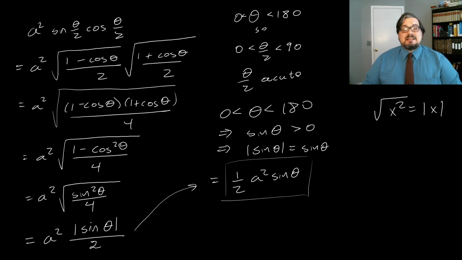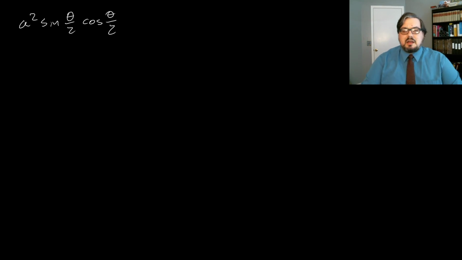However, there is a simpler way, as I mentioned, using the double angle formulas. The thing that tips you off that it might be useful is that you've got a sine times a cosine with no other powers or anything involved and with the same angles in both of them. And the reason why this is something that you want to watch out for is the following.